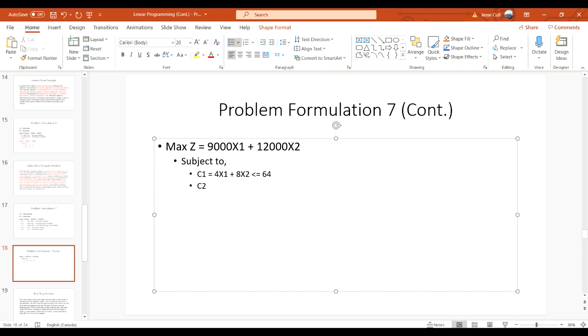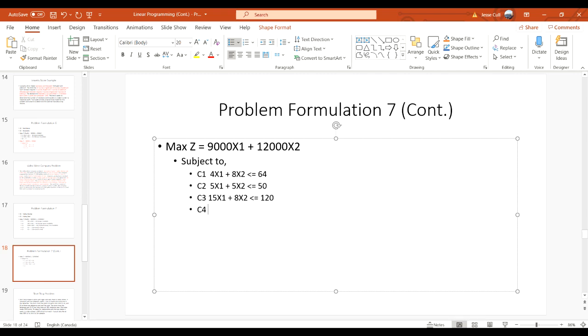C2: 5x1 plus 5x2 less than or equal to 50 yards of storage space. C3, which is time, 15x1 plus 8x2 less than or equal to 120 hours.